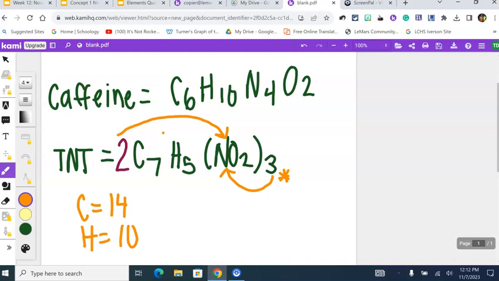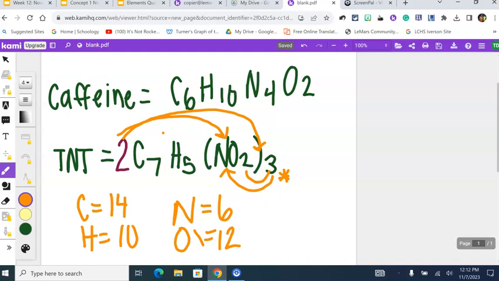So 2 times 3 gives me how many nitrogens? 6 nitrogens. And then I can do a quick multiply here, 2 times 3 for my oxygens. That gives me 6. But then this coefficient is also going to multiply here, which means how many oxygens do I have? 6 times 2 is 12.